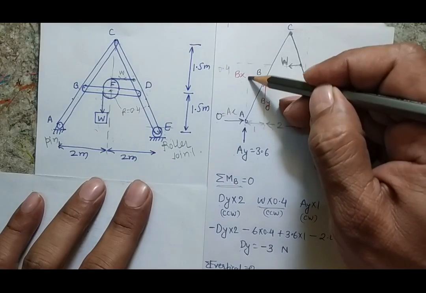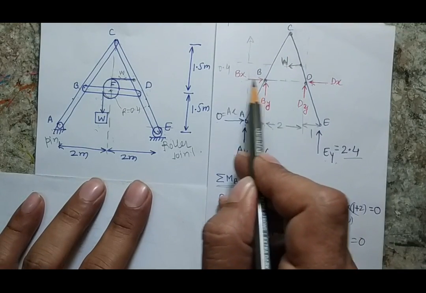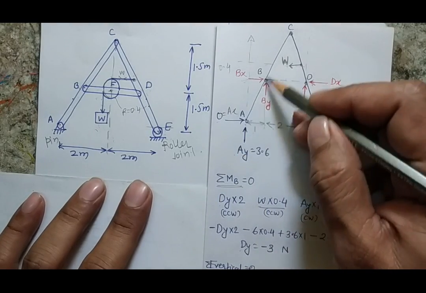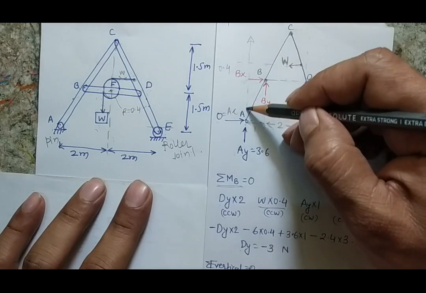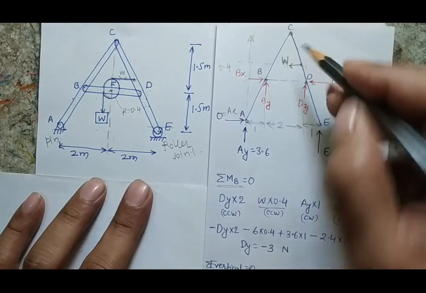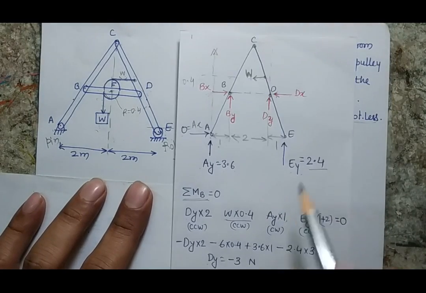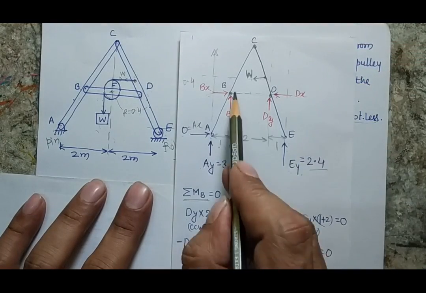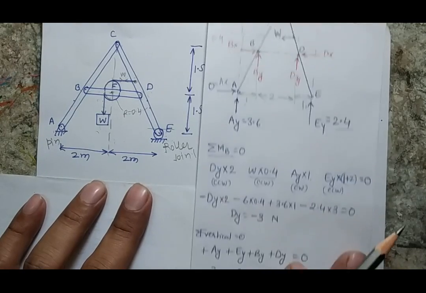The line of action of Ay is this one, so the perpendicular distance of Ay will be 1. Please understand that this is not my perpendicular distance, even this is not my perpendicular distance. As the line of action of Ay is going in this way, this is my perpendicular distance, and which is 1. So Ay into 1, and then Ey, the line of action of Ey is this way, and the perpendicular distance of Ey from point B is 3. So now this is my equation.